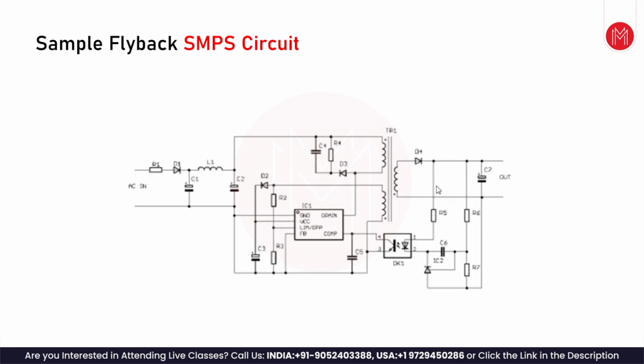The current through this resistor increases because this voltage goes high. The optocoupler output goes down. That means the optocoupler gets turned on. This transistor is turned on even more because of the excessive current that is going in.